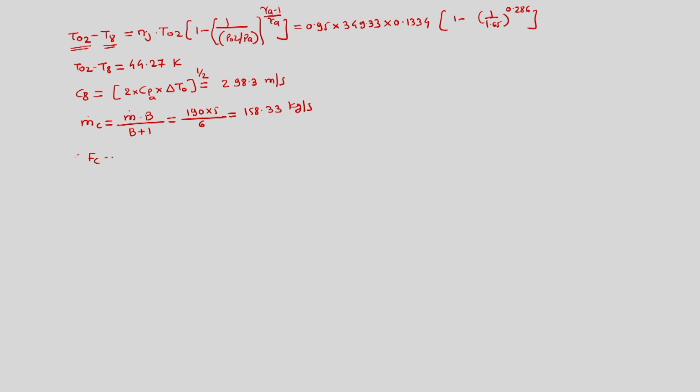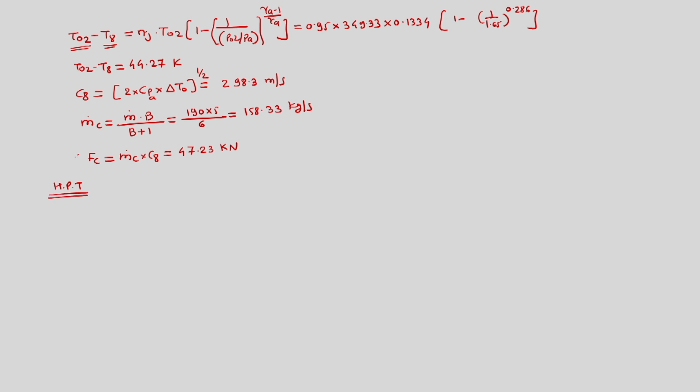So we can say cold thrust is equal to m dot c into C8 minus Ca, but Ca is 0, so it is C8 alone, and that turns out to be 47.23 kilonewton.